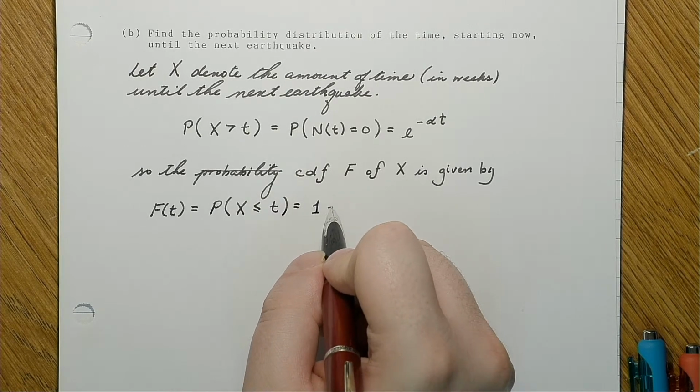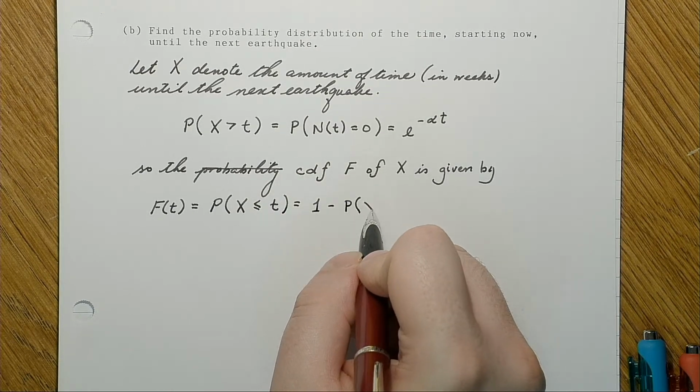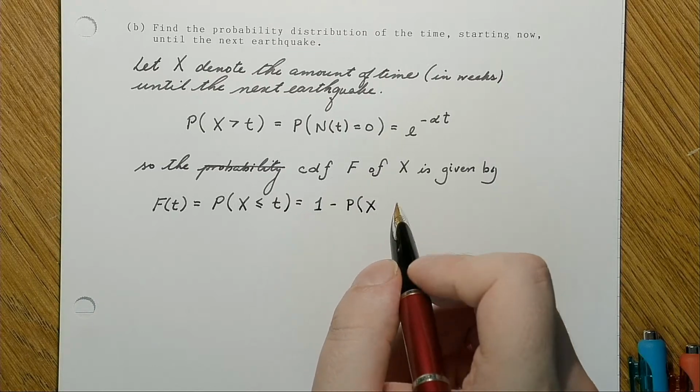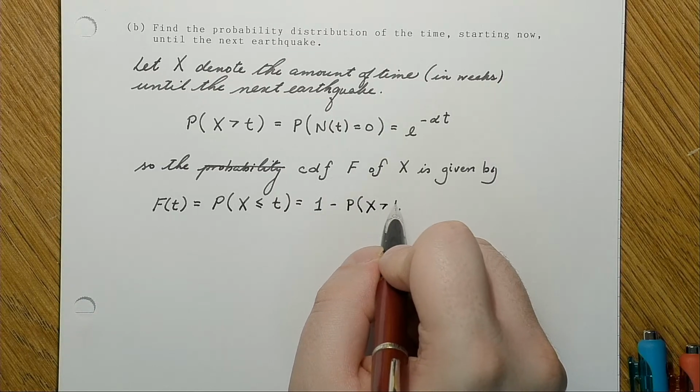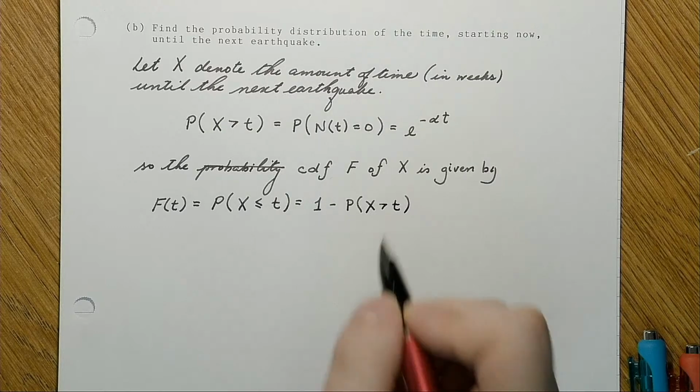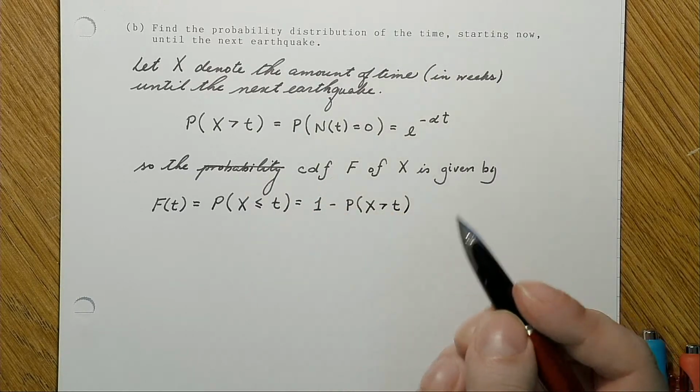Then again, we can take the complement, the probability that X is greater than t, but we've already calculated what that should be.